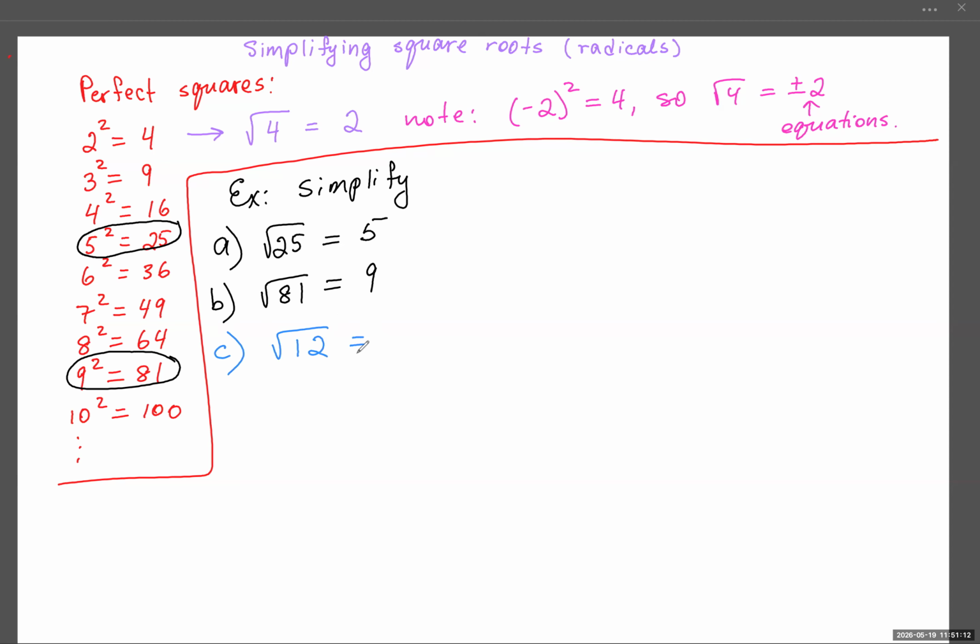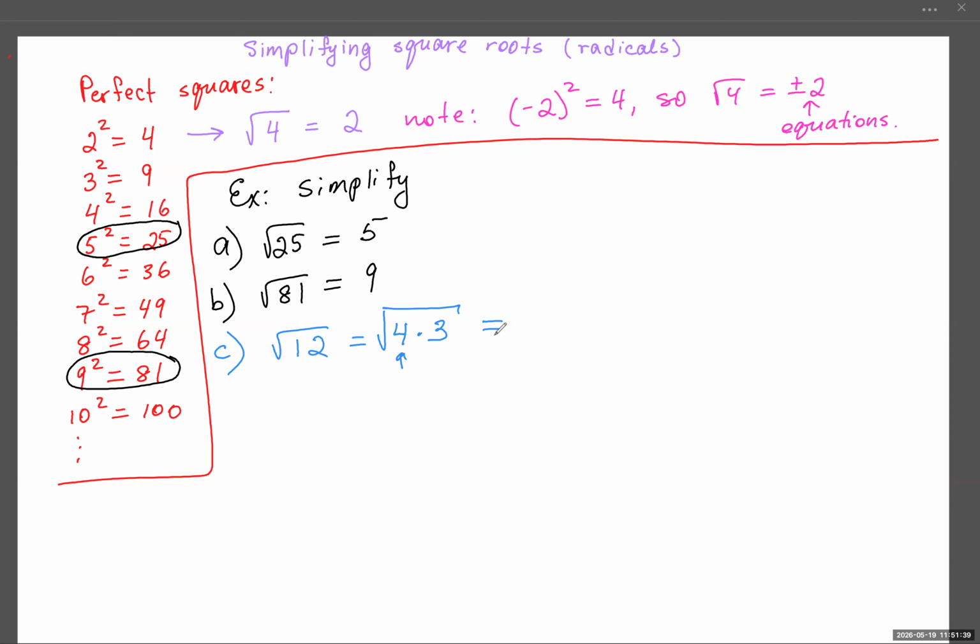So, by the way, factors are just two numbers multiplied together, or three numbers multiplied together, or really any number of numbers multiplied together. So for us, 12 is 4 times 3. So notice that the first factor, the first number, is a perfect square. I know that 12 is also 6 times 2, but neither 6 nor 2 are a perfect square, so that's not going to work here.